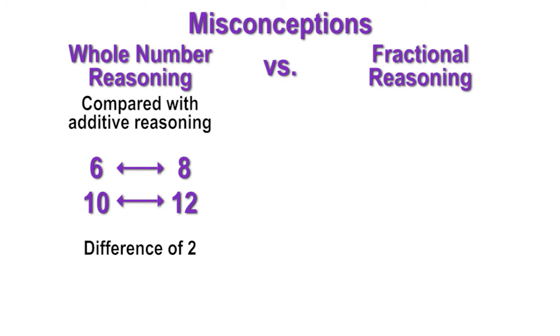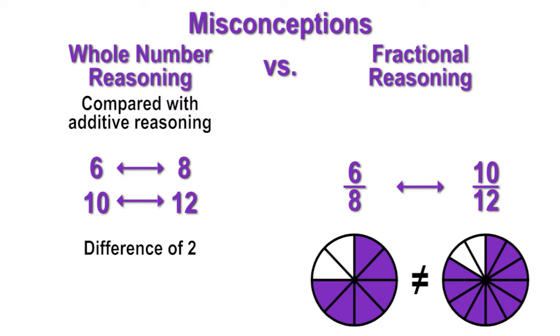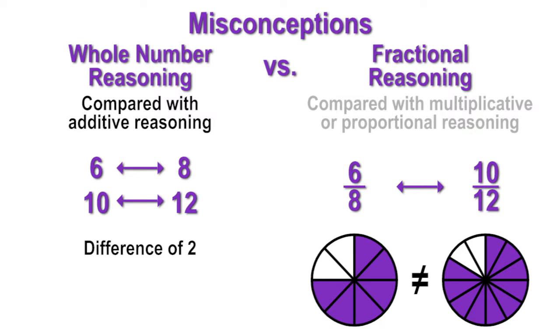This reasoning does not work with fractions with different numerators and denominators, such as 6/8 and 10/12. It is incorrect to state that these fractions are the same size because both fractions are missing two pieces. In order to compare fractions, multiplicative or proportional reasoning is required.